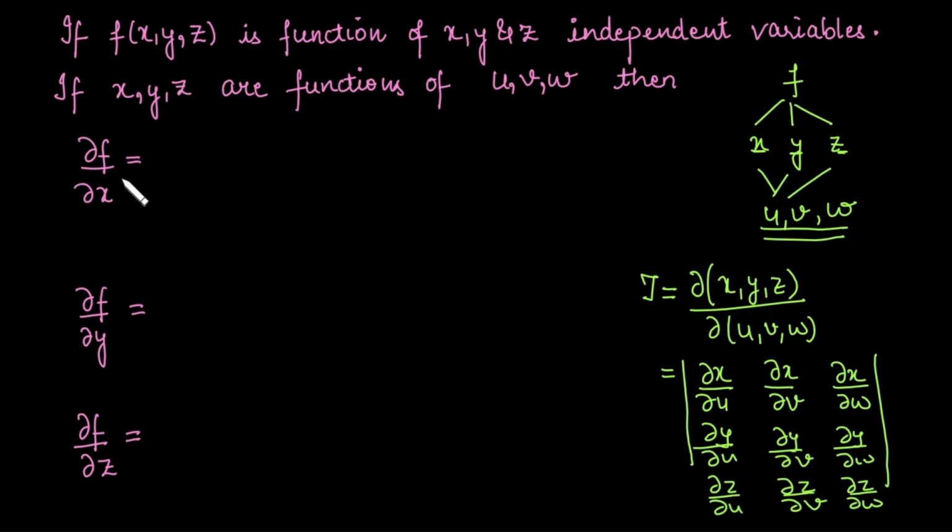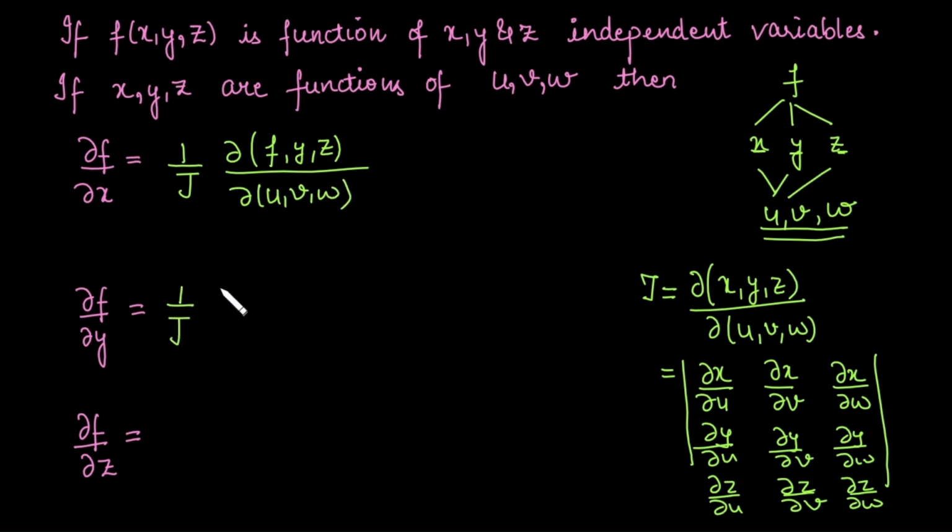And the partial derivative of the function with respect to x is equal to 1 by J partial of, in place of x write f, and the rest of the variables are as it is. In this case, 1 by J partial of, in place of y write f, and the rest of the variables are as it is.